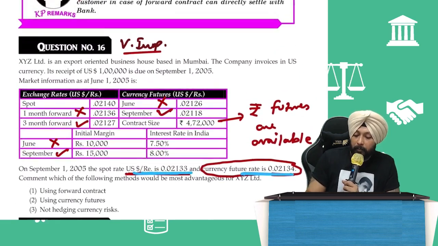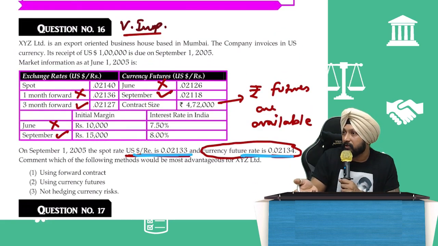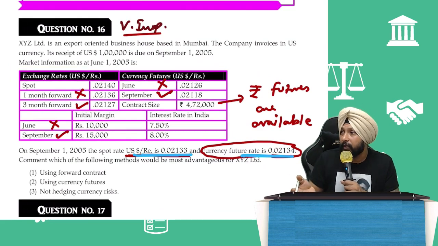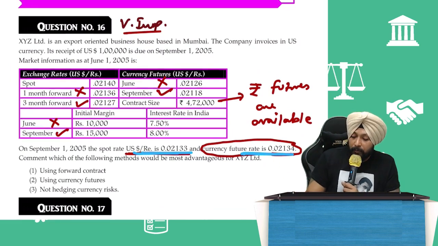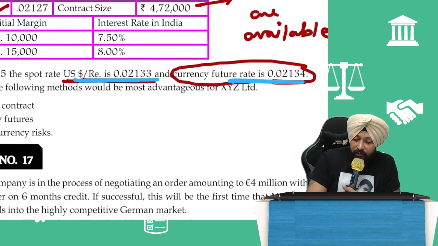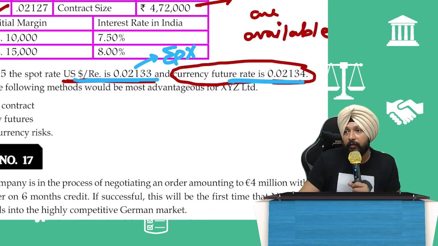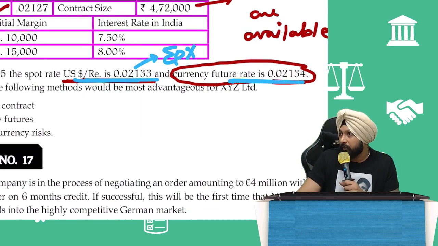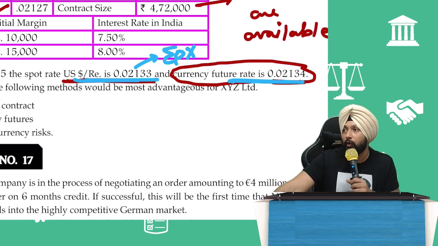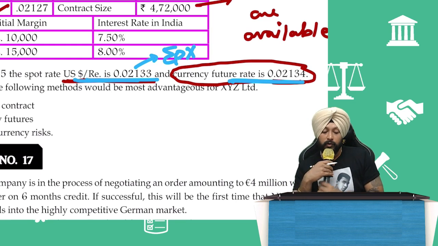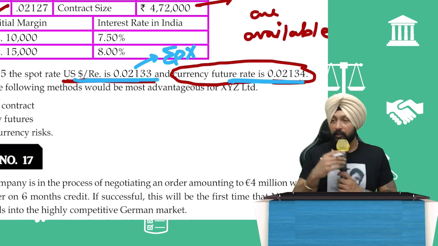If you were, then there would be no forward analysis. Here they are asking which strategy is better for the company. These rates are an estimation. We don't know what rate we will settle the spot market transaction and the future at. We have done estimations, so for currency futures, the inflow is uncertain.